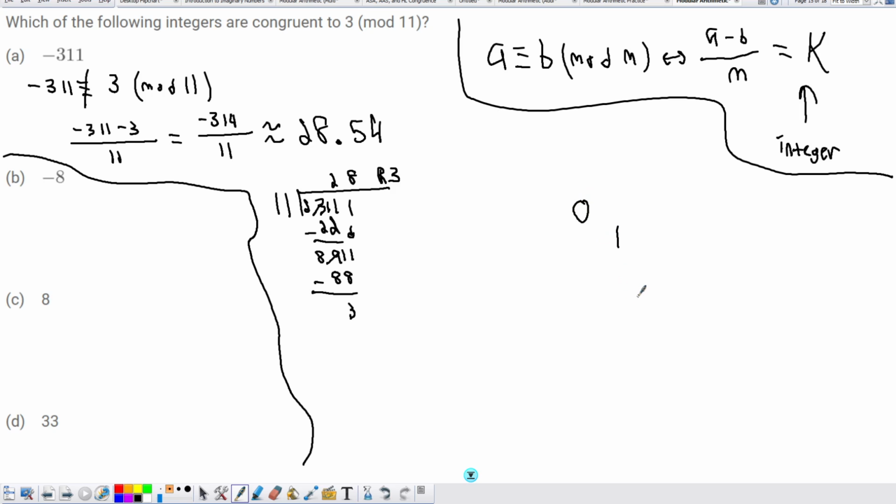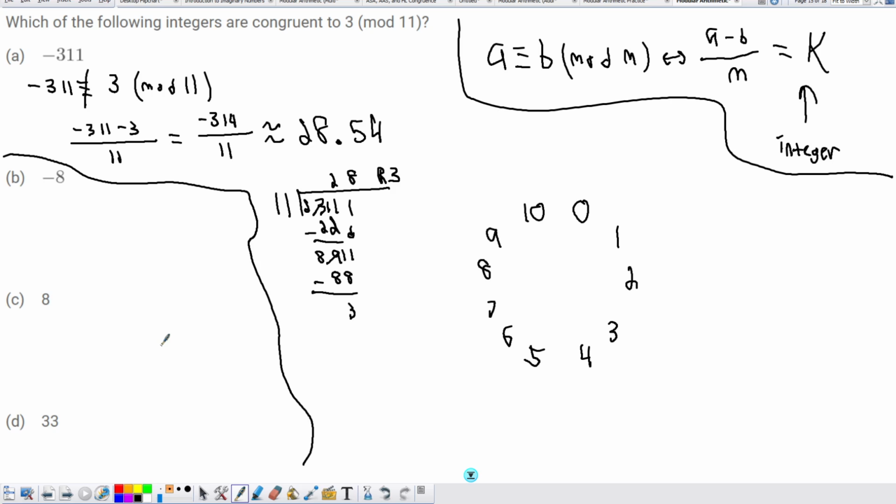We have 1, 2, 3, 4, 5, 6, 7, 8, 9, 10. Those are the total possible values that we could have in the modulo 11 system.